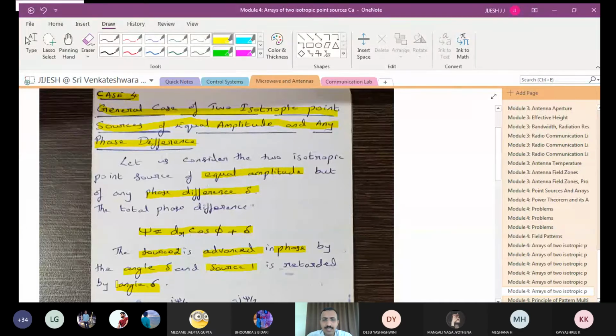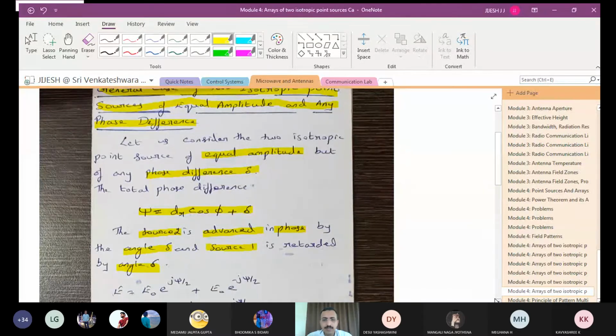So we know that psi is equal to dr cos phi plus delta, and we are going to improvise this further by substituting and finding out how the equations can be represented in case 4. We will see those things further.